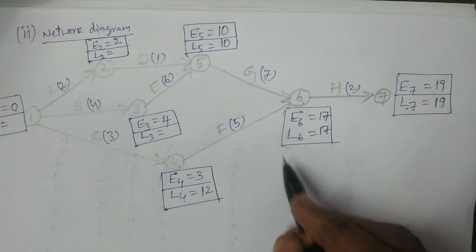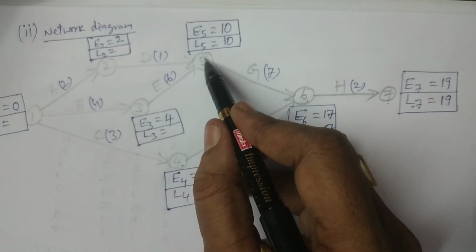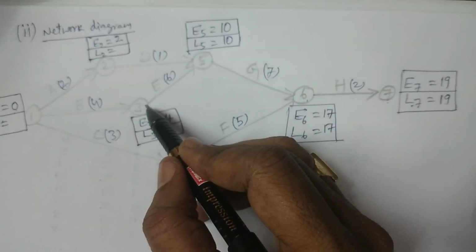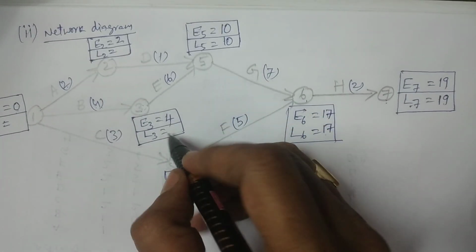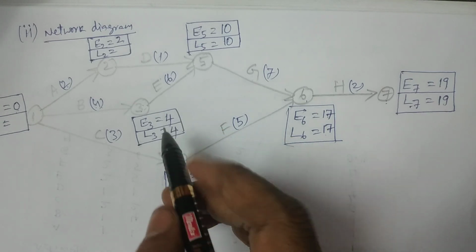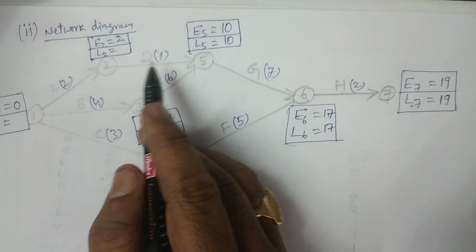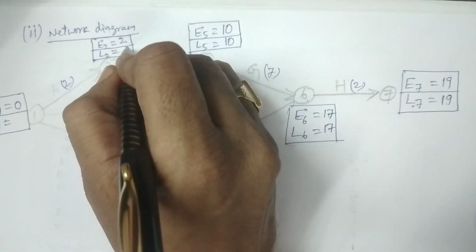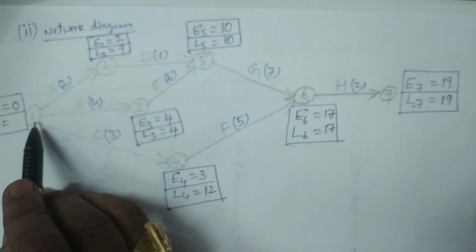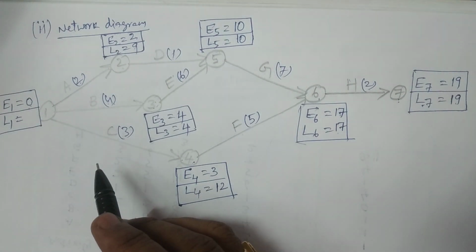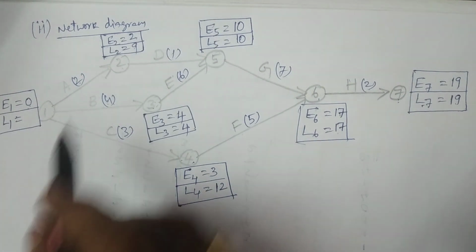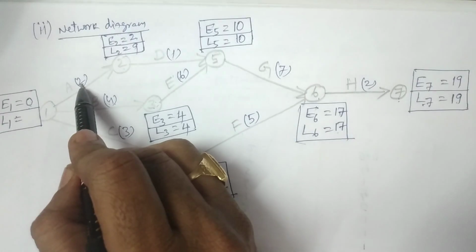And then coming back to the third one, we have again only one connector, therefore 10 minus 6, it is 4. And coming back to the second one, again only one connector, 10 minus 1, it is 9. And then coming back to the first one, obviously it is 0, as I have specified many times. Again we calculate 9 minus 2, it is 7.